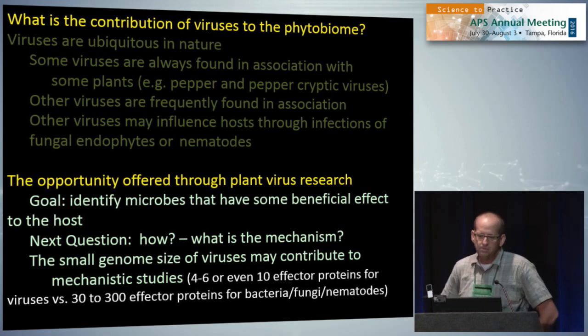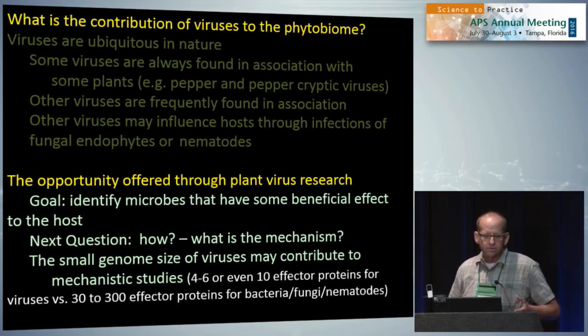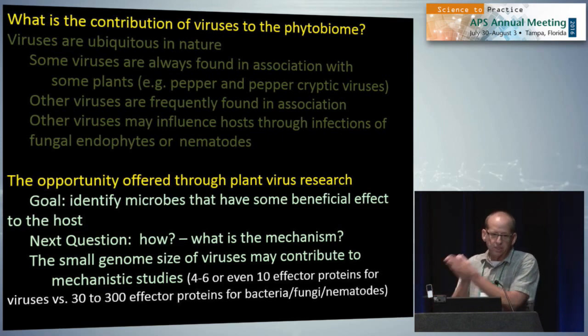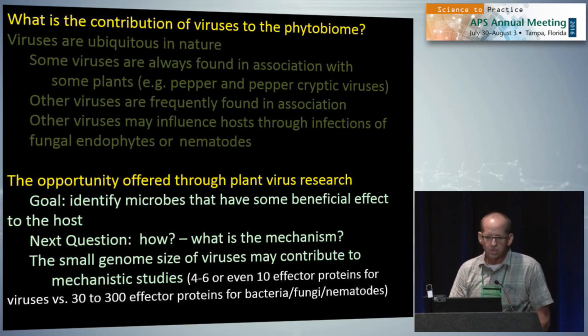So you have maybe 4 to 6, maybe 10 effector proteins for viruses, compared to maybe 30 to 300 effector proteins for other pathogen groups. So we actually may have a manageable system for getting at what are the precise interactions that lead to changes in host physiology. And I think that's something that was touched on in a number of talks today. It's a goal that we have.